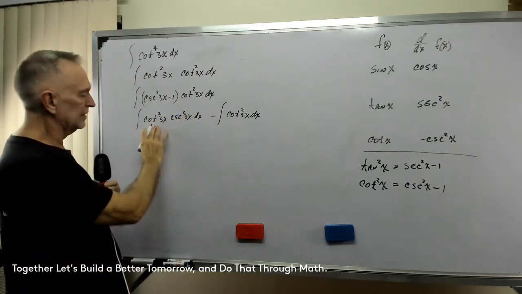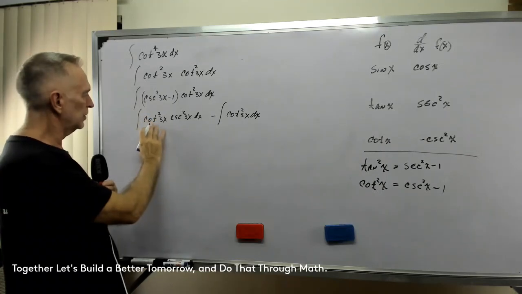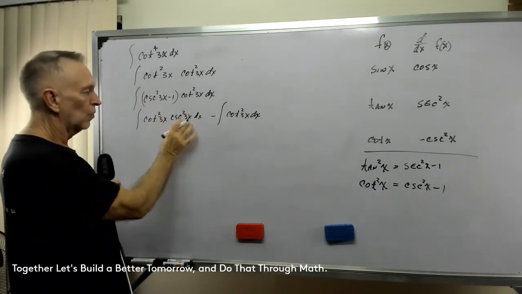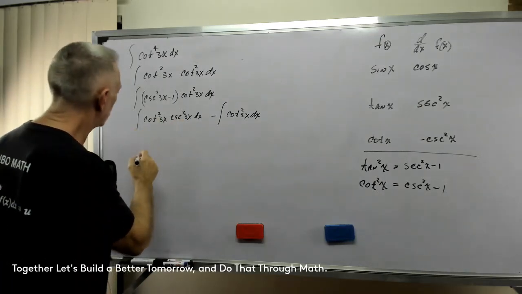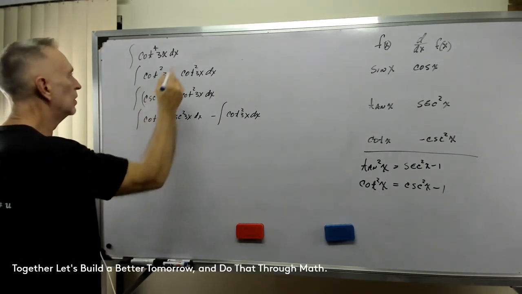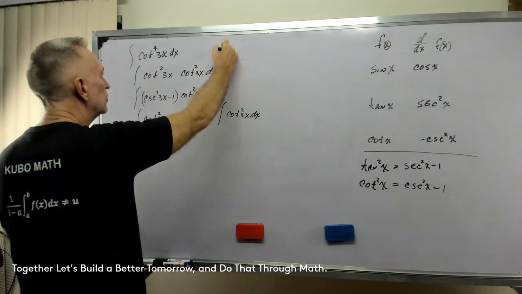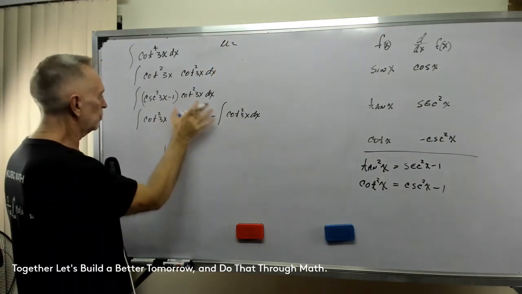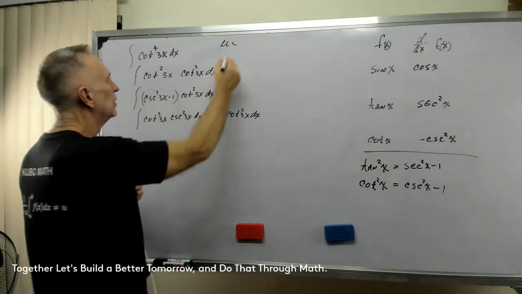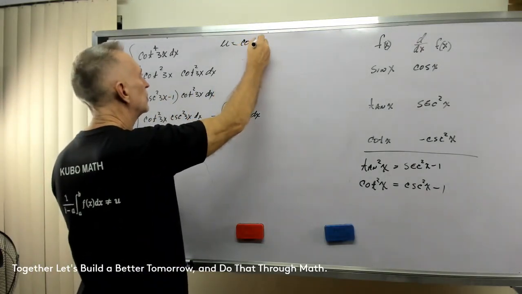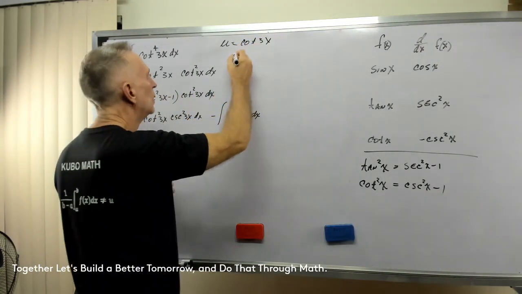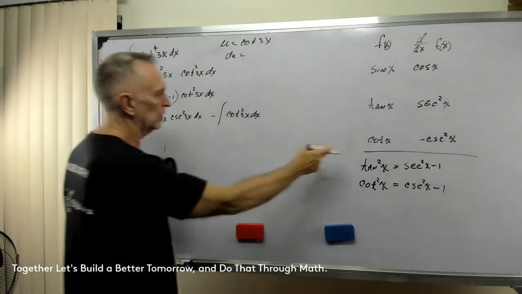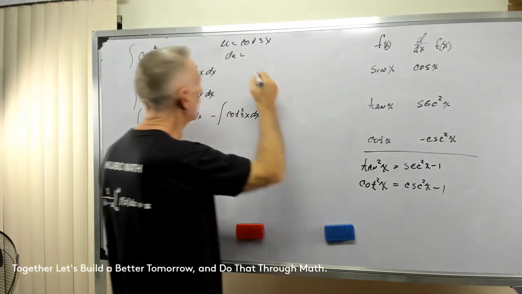Now then, look at this guy. We have a function and its derivative, or a piece of that derivative, right here. So let's let u equal cotangent 3x. Let's just work with this integral first. So du, what's the derivative of cotangent? Well, it's minus cosecant squared.